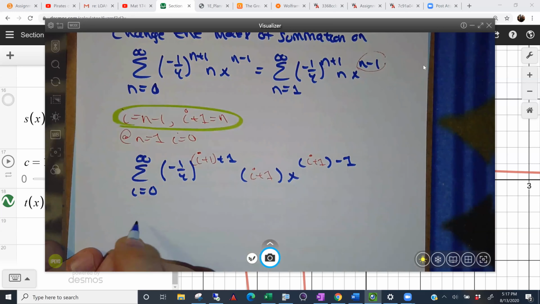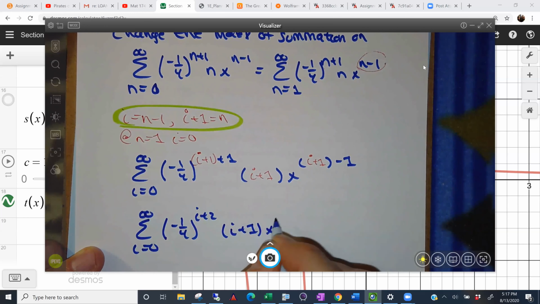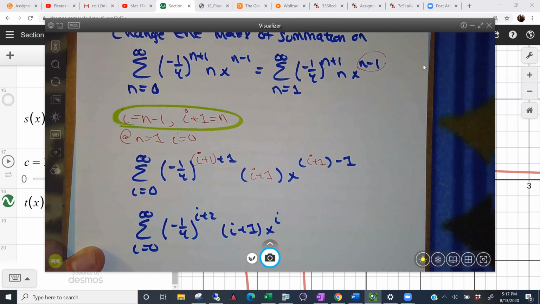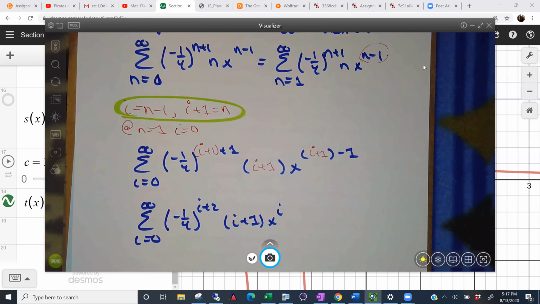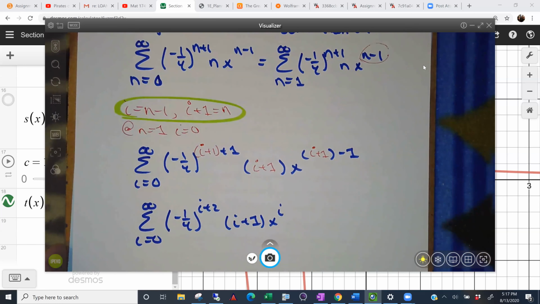So to clean that up, that'd be I equals 0 to infinity, negative 1/4 to the I plus 2, and I plus 1 times x to the plus 1 and minus 1 cancel, x to the I. There you go. That's an equivalent series to what I have up above.